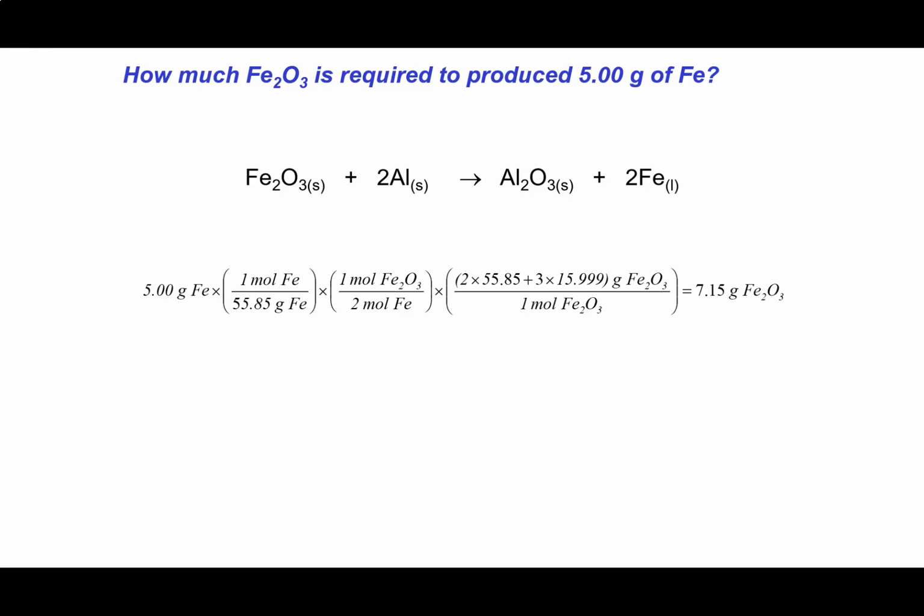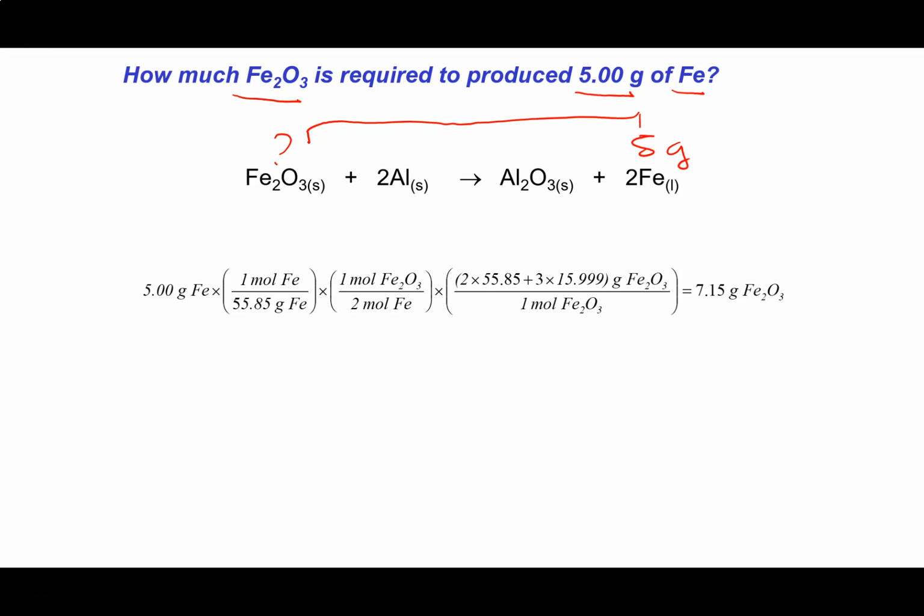So let's have a look at one where we go back the other way. In this problem, it says how much Fe2O3 is required to produce 5 grams of iron. So in this case, you know that you want 5 grams of that, and you're trying to figure out how much of the other you're going to need.